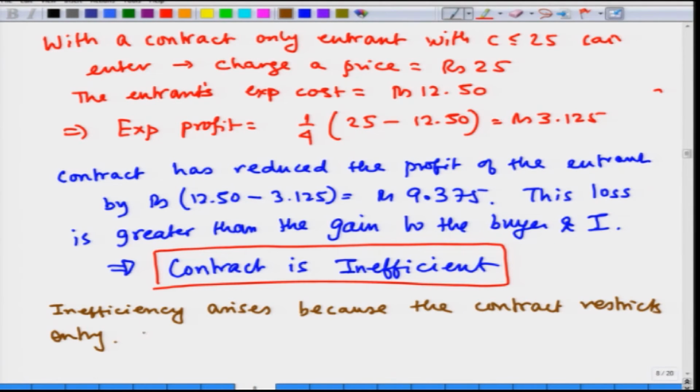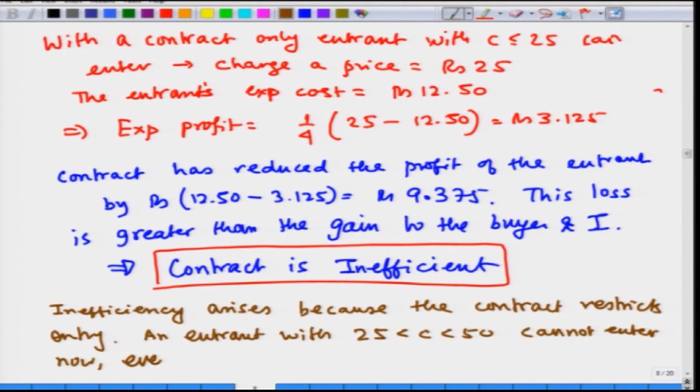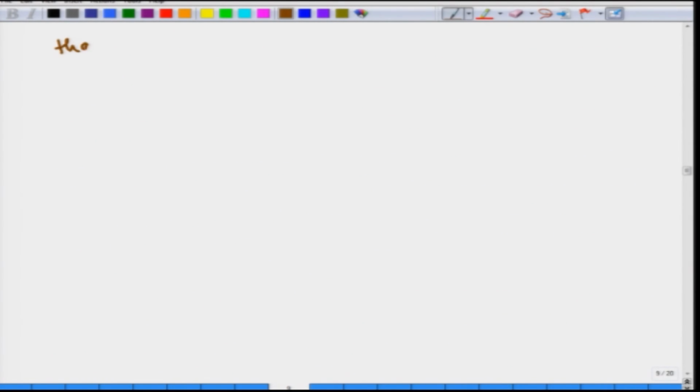So, an entrant with a marginal cost between 25 and 50 cannot enter now, even though such an entrant has a lower marginal cost than the incumbent.